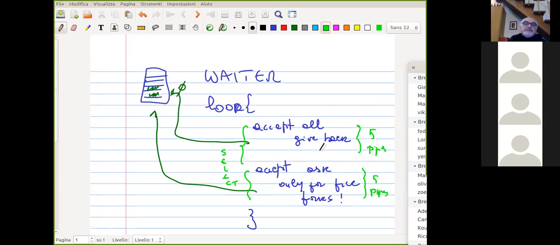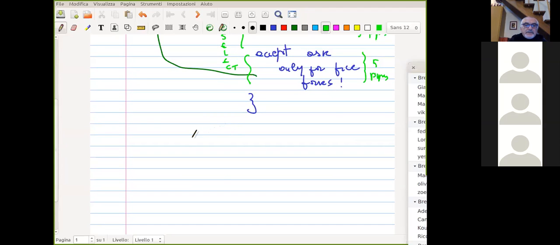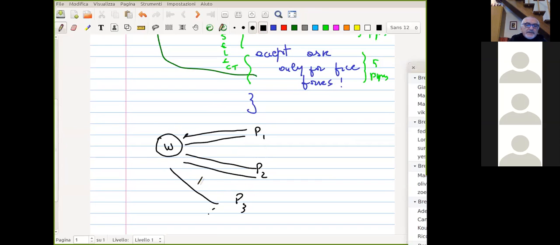5 because each philosopher has a communication with the waiter. So if you want to depict it completely, this is the waiter, philosophers P2, P3, and so on. These are the 2 pipes, and these are the 2 pipes: ask and put down or release.